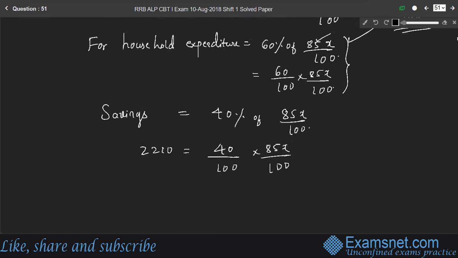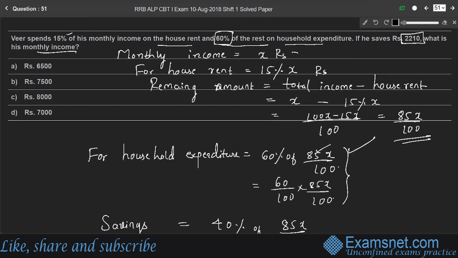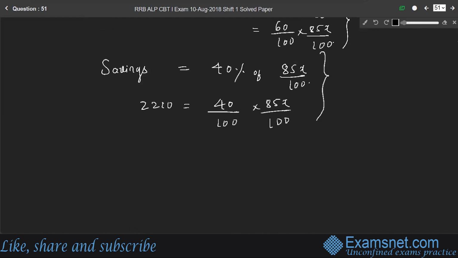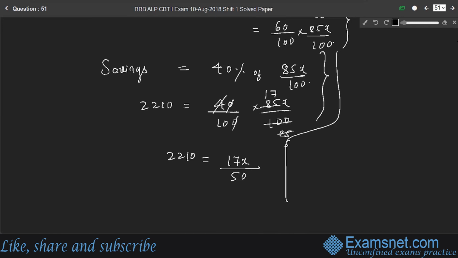What is asked in the question? What is his monthly income? We have to find the value of X, right? So consider his savings, 40% of remaining amount. So here we can cancel 0. Then 4 into 25 is 100. And 5 into 5, 5 into 1, into 17, right? So therefore, we have 17x by 10 into 5 is 50 as 2210, right? Therefore, 17x becomes 50 into 2210.